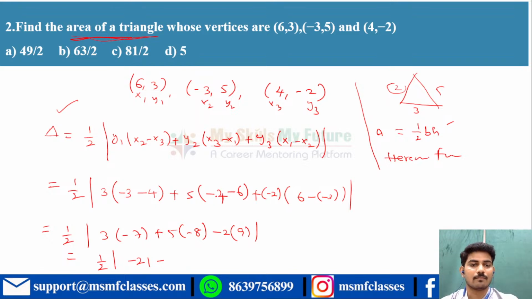This was 4 minus 6, we have taken it wrong. 4 minus 6 will be minus 2, so we get minus 10 minus 18. If we simplify all this, since the modulus is present, even if you get negative values, when I apply the modulus we get positive values only, so it will be 49 by 2. So the correct answer for this problem is 49 by 2. Congrats, Soumya, you answered the question correctly. Let's move to the next question.